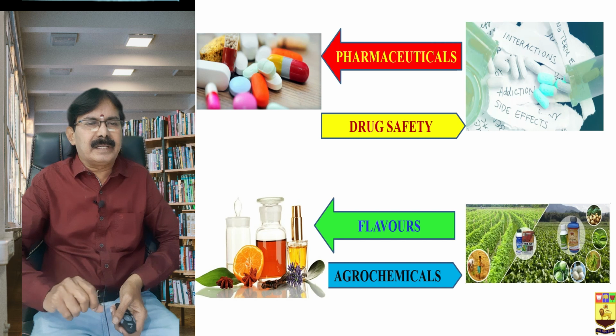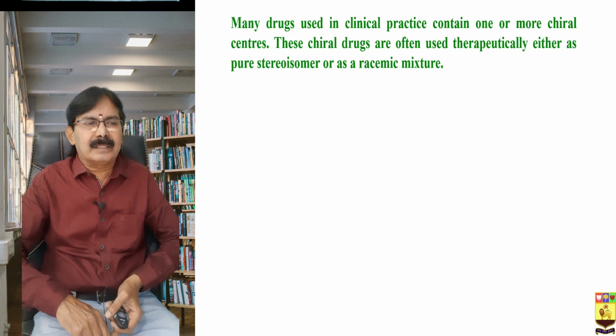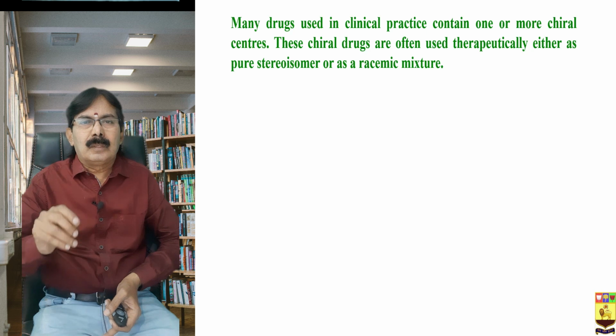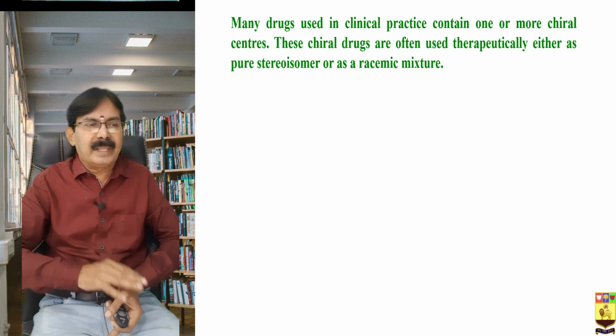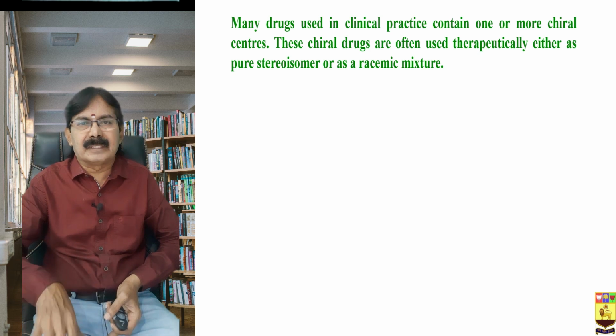Many drugs used in clinical practice contain one or more chiral centers. These chiral drugs are often used therapeutically. Therapeutically means to use as a medicine to cure a disease, either as a pure stereoisomer or as a racemic mixture.